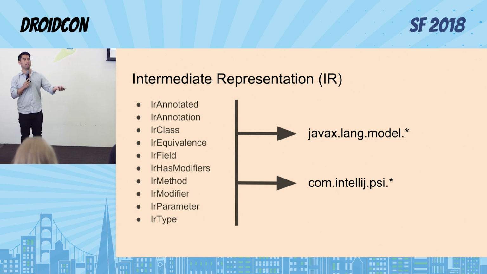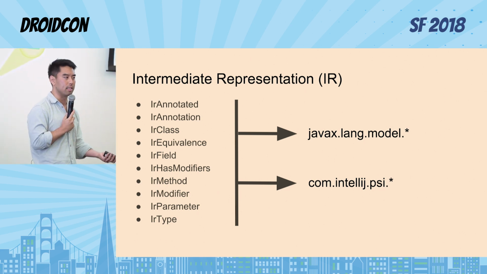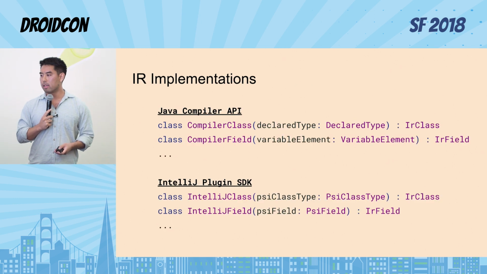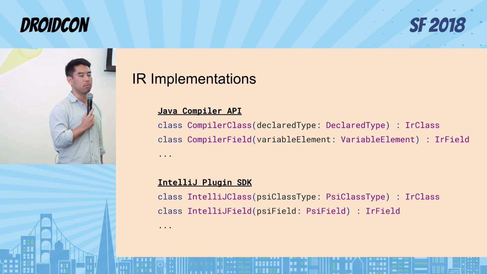This is IntelliJ's version of the Java AST, and this is the way IntelliJ represents Java source code, right? And diving a little bit more into that, here are the actual definitions of the compiler and the IntelliJ versions of these models.